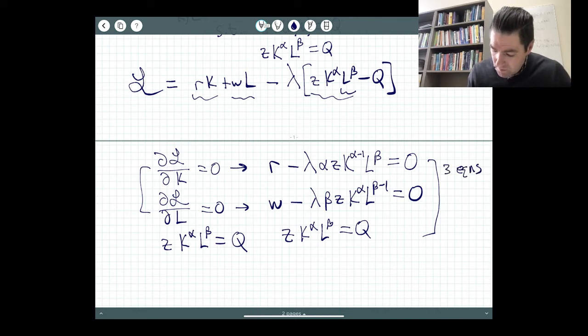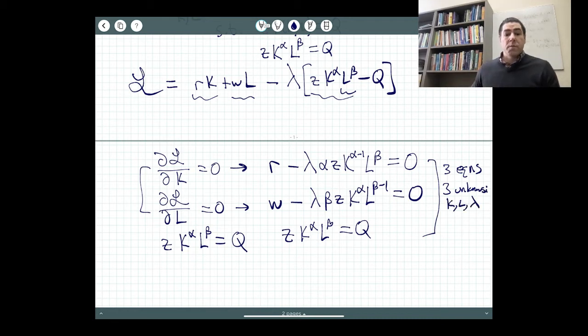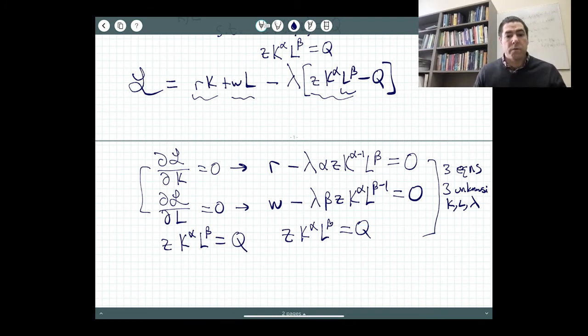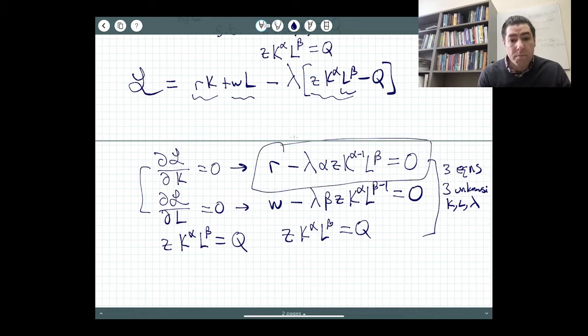Okay, at any rate, we now have these three equations in effectively three variables to solve: K, L, and lambda. So three equations in my three unknowns: capital, labor, and the Lagrange multiplier lambda. And I can solve these three equations for the three unknowns. So the process really here, I mean, you can attack this however you want, but it's going to work exactly the same as what we did previously. So I'm going to go ahead and solve the first equation for lambda.